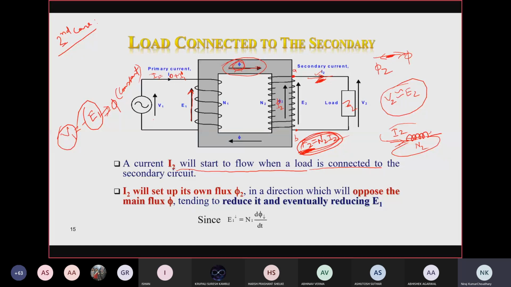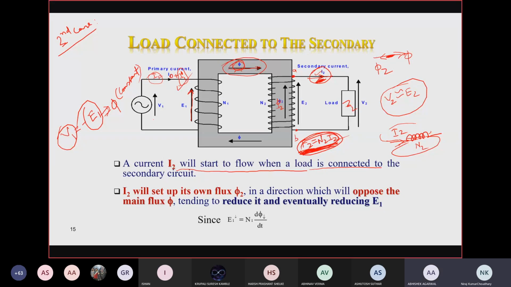So the function of this I1 dash additional current is just to neutralize the demagnetizing effect of the secondary MMF N2I2, right? So in this manner, the current I2 basically causes the primary to take more current, additional current, which is equal to I1 dash, right?